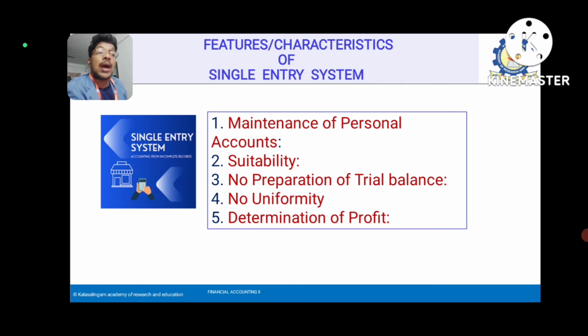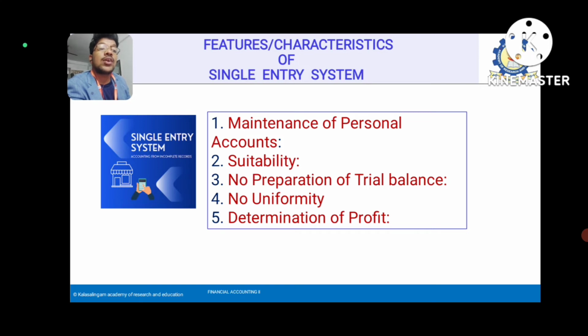The third one is no preparation of trial balance. In the absence of a record of the twofold aspect of every transaction, it is not possible to prepare a trial balance and check the arithmetical accuracy of the books of account. Another one is no uniformity. It is known as accounting for incomplete records, a mixture of single entry, double entry and no entry.